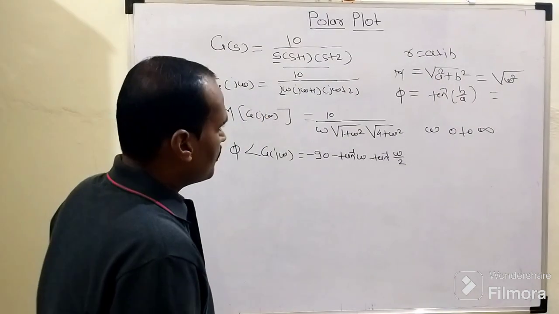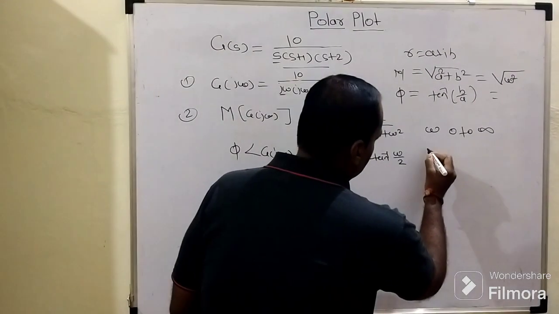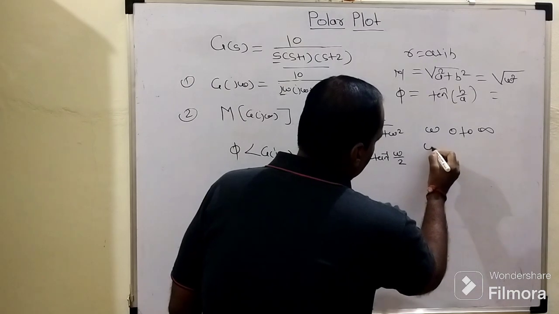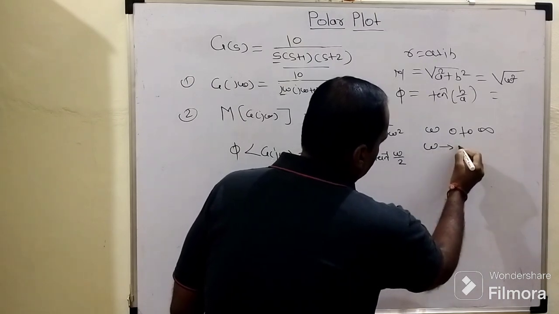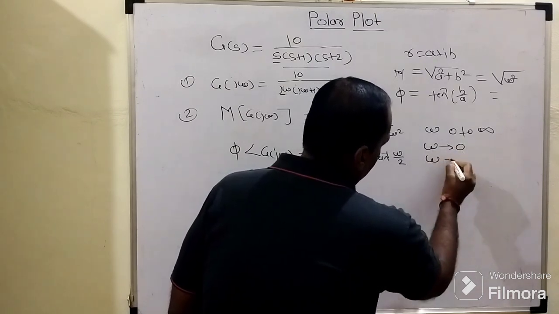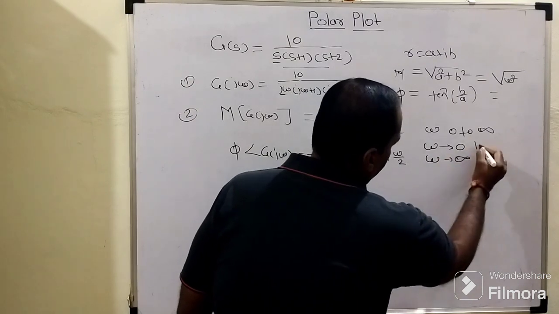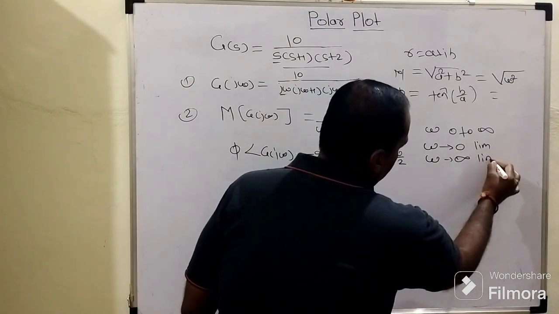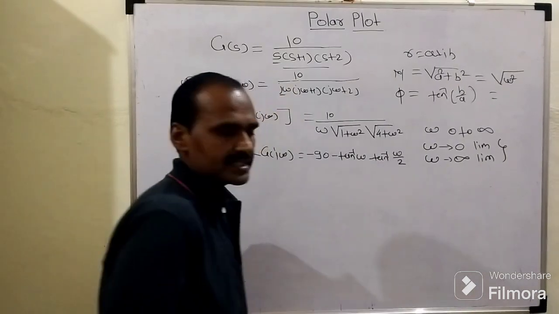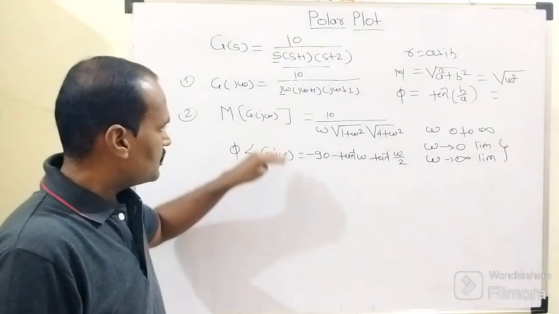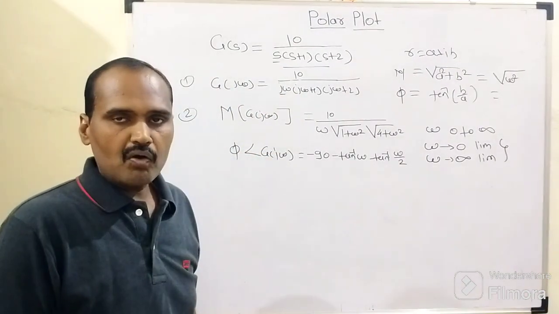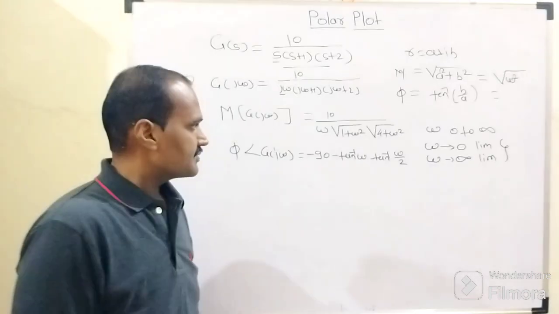So initially we need to substitute omega tends to 0 and omega tends to infinity with the help of the limit statement, in order to decide the magnitude and the phase angle of this open loop transfer function.